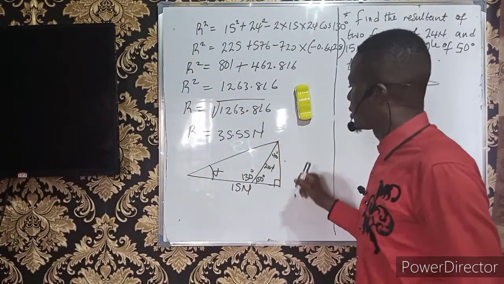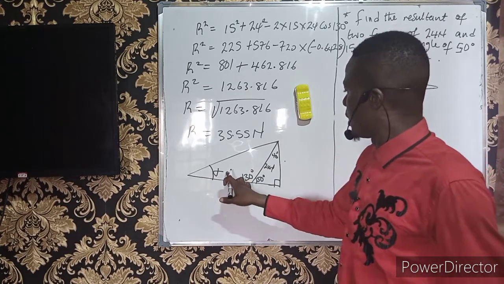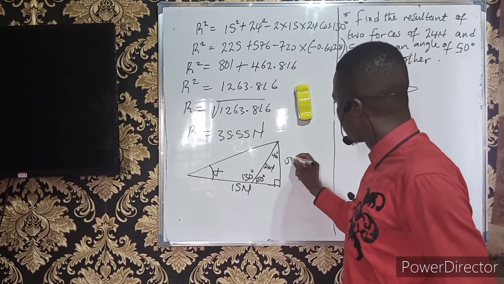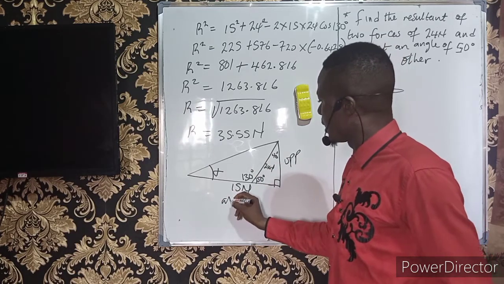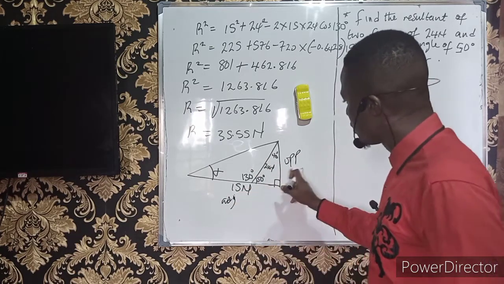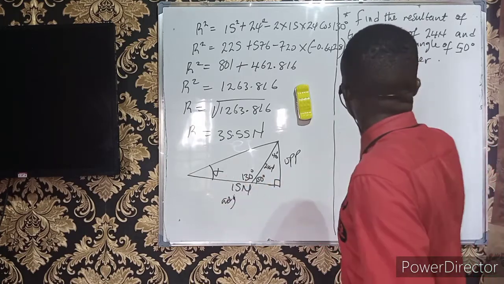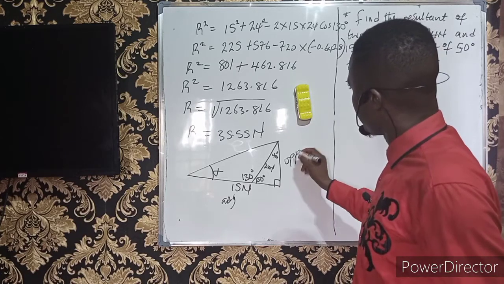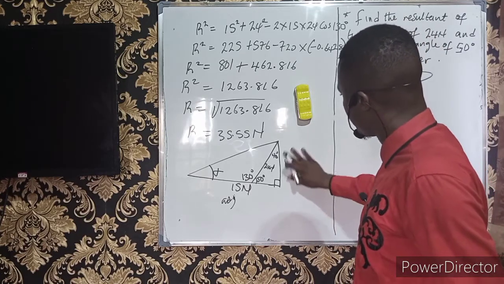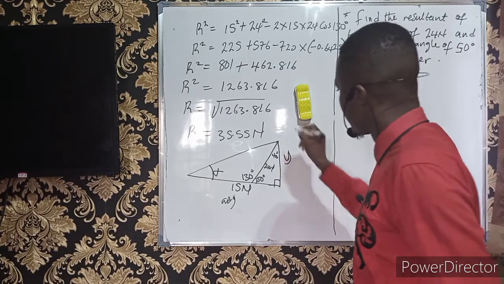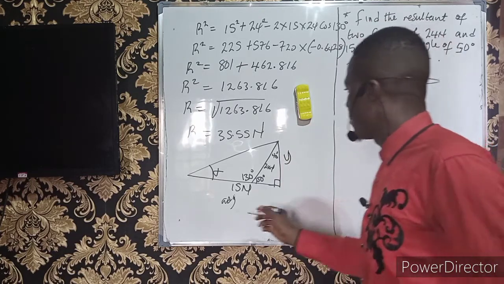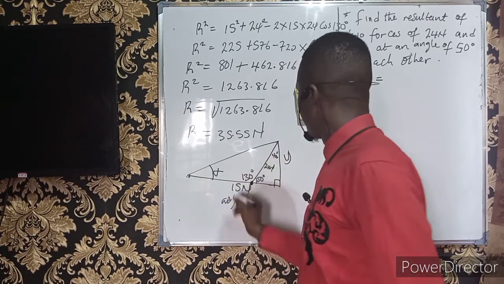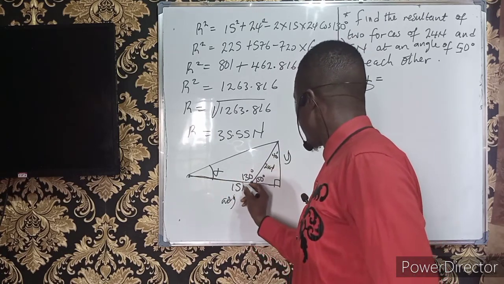Okay, now if I'm to take the complete triangle, now let me click clean here for proper illustration. So a good look at this triangle will tell you that my angle here means this side over this side. That is, here is the opposite to this angle. Here is adjacent. So if I take opposite over adjacent, that is tan. Hence, tan alpha, let's say this opposite is y, for instance. I remember this 15 Newton is just from here to here. Okay, from the diagram, from here to here is 15 Newton.